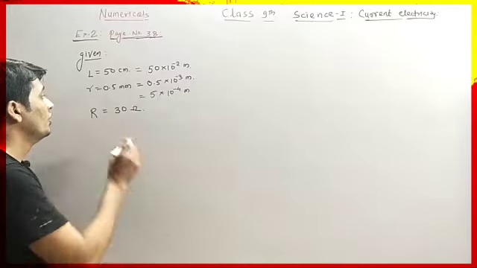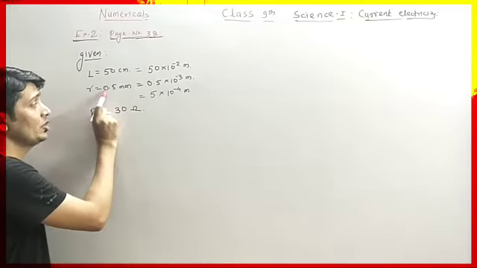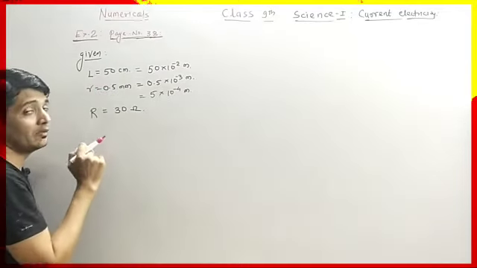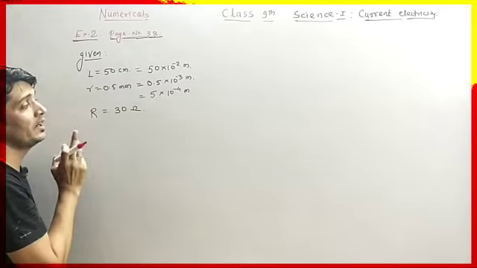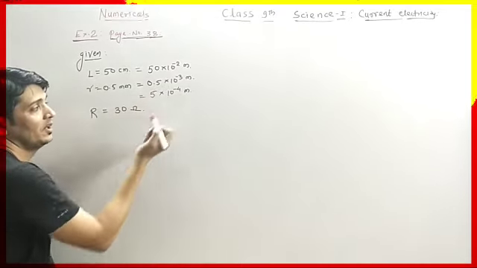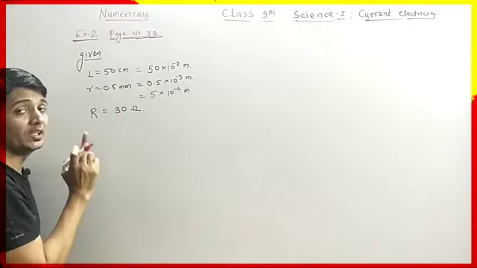Now the radius of the wire is given as 0.5 millimeter. We don't want it in millimeter, we have to convert it into meter. So we can write 0.5 into 10 to the power minus 3 meter, because we have to divide this by 1000.